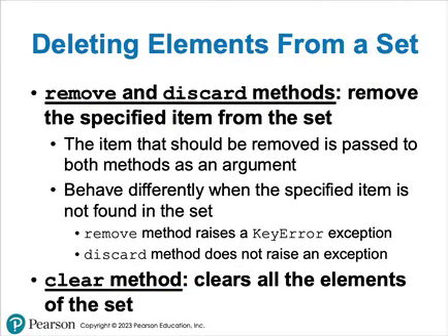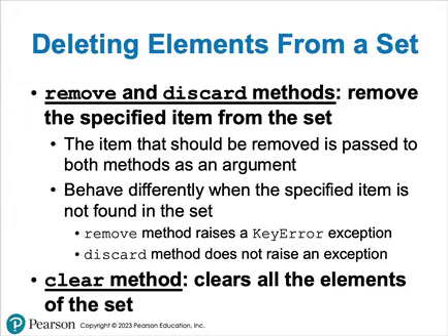There is a remove and discard that remove a specified item from the set. The difference is if you discard something and it's not in the set, it just does nothing.